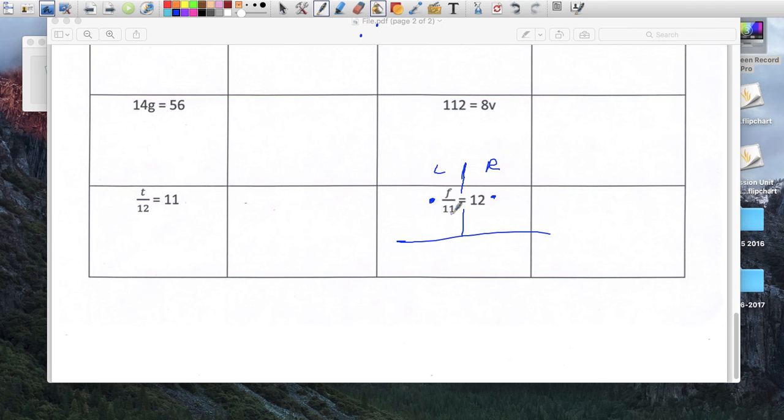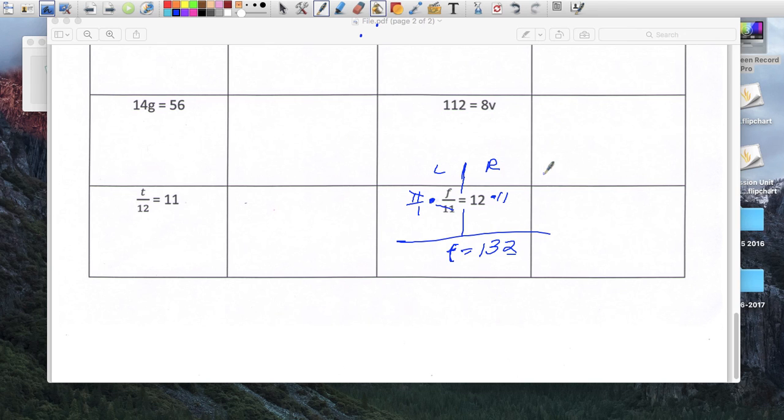The 11, because I want f to be all by itself, isolated. I'll multiply this by 11. So the 11 here, I can put it over 1 if you like. So this and this will cross out, leaving me with 1f or just f. And 12, I'm going to multiply also by 11. And 12 times 11 is 132, I think.